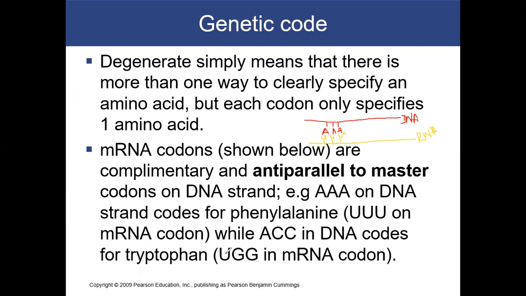There are some other examples, like the example of ACC on the DNA, which codes for tryptophan, and will be UGG on the mRNA. And so the base pairing rules come in here that we learned in your first year. If you can remember, can anybody tell me what the base pairing rule is?